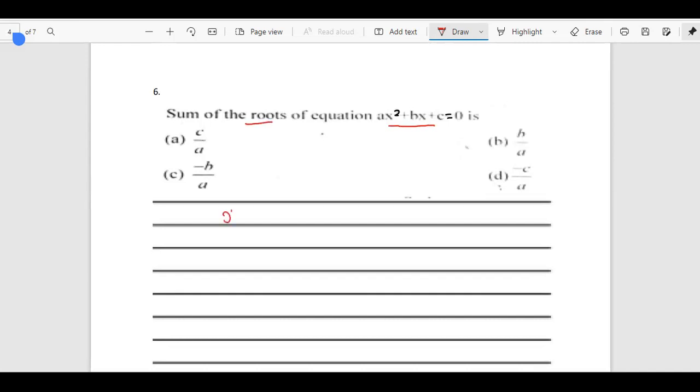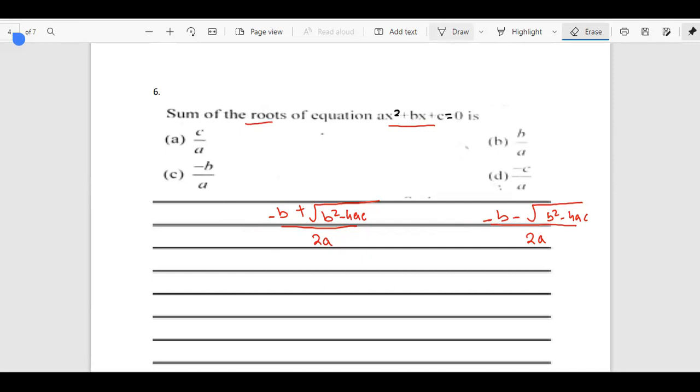So we know that x1 is going to be minus b plus under root b square minus 4ac divided by 2a, and x2 is going to be minus b minus under root b square minus 4ac over 2a. Okay, since we will be doing this question in NET, we don't have that much time, so let's just write it there and then, and this as well, and we have to add these two roots.